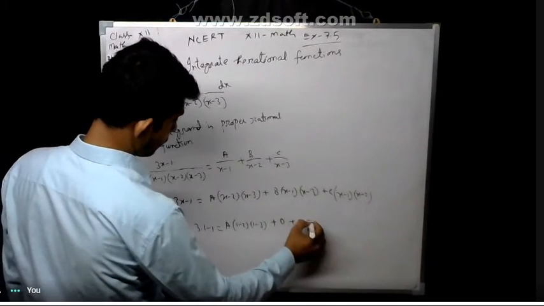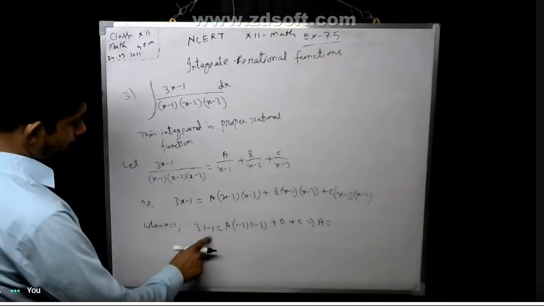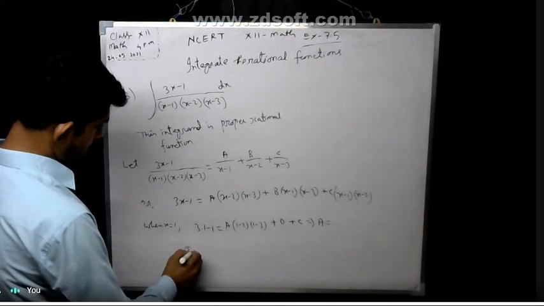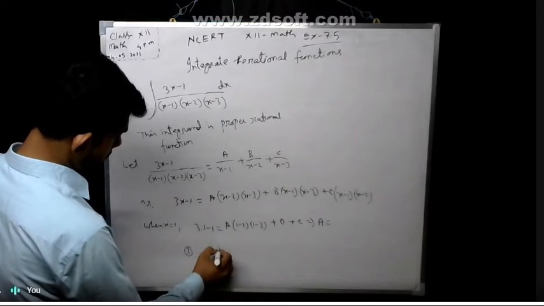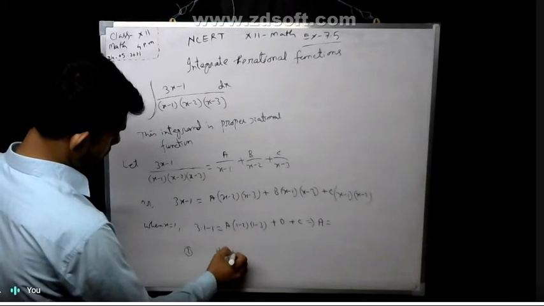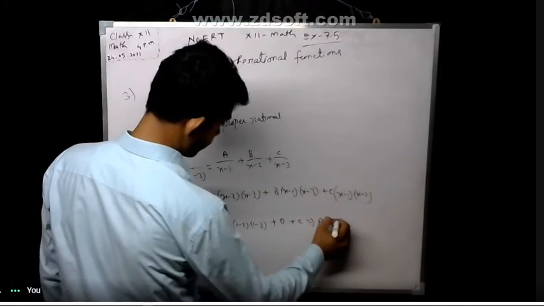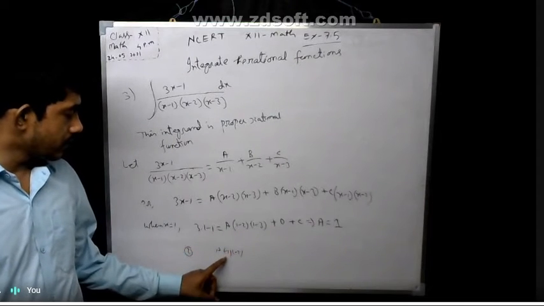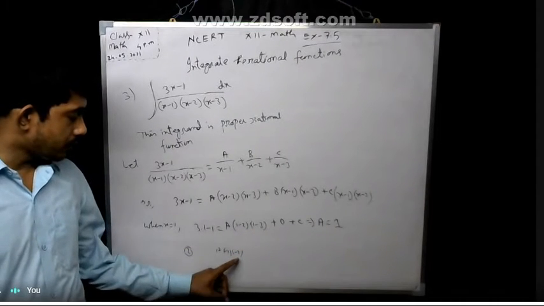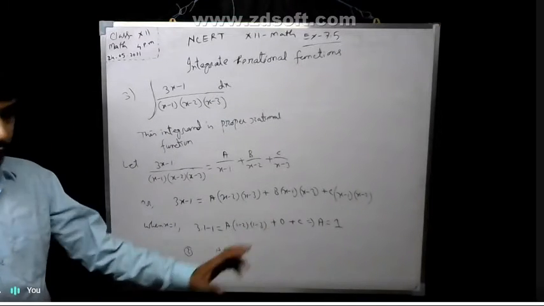Then A equal to 2 by, here 1 minus 2 means minus 1, and 1 minus 3 is minus 2. So minus 1 into minus 2 means plus 2. Plus 2, plus 2 cancelled, that's A equal to 1.